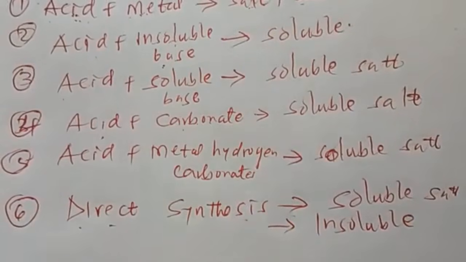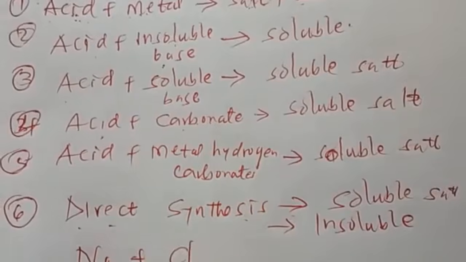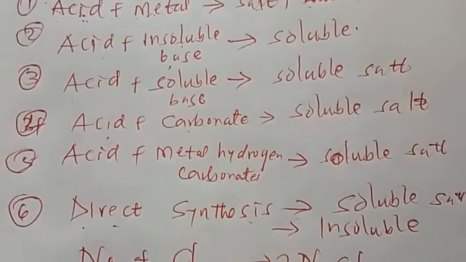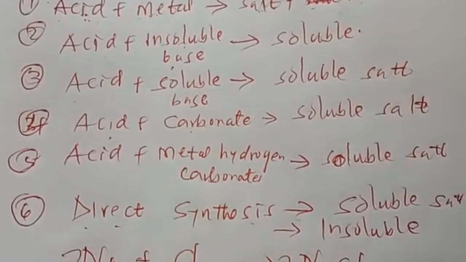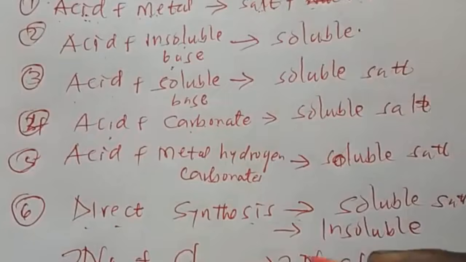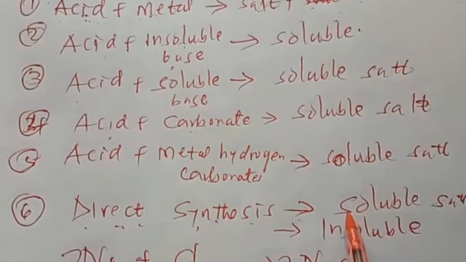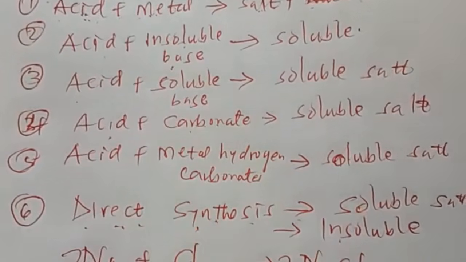Direct synthesis is the direct combination of elements. For example, a metal plus a non-metal, like sodium plus chlorine will give us sodium chloride. So this one is direct synthesis. This one is soluble. It can also prepare insoluble salt. So direct synthesis, direct combination of elements, can prepare both soluble and insoluble salts.